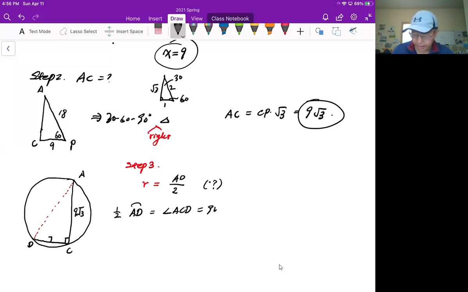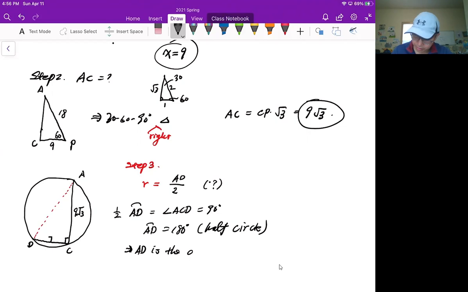So that is equal to 90 degrees, and therefore the measure of the arc AD is 180. So this is just half of the circle, right? So if AD is half the circle, this implies that AD is the diameter, right? AD is the diameter. So that's why the radius is half of the AD, right? And after that, everything will be fine. Okay, let's try to finish that.